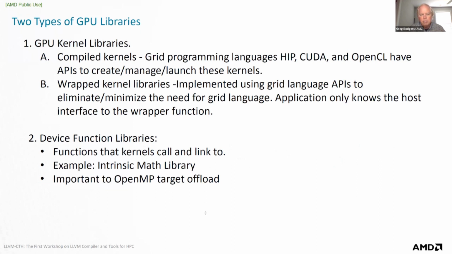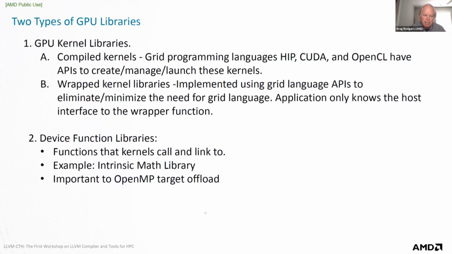Then we're also seeing wrapped kernel libraries, where you implement using a grid language like the first one, but you eliminate or minimize the need for the grid language by making the API directly available to the application user. You have limited functionality with this, but it is a lot easier to use.